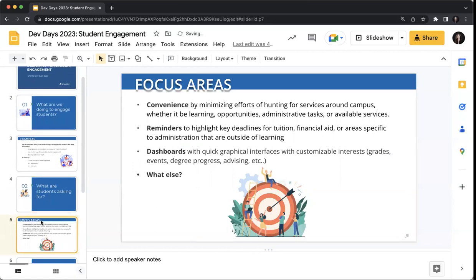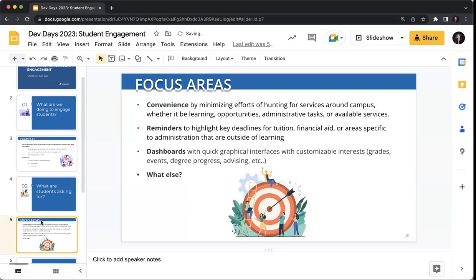Maybe students are asking for more convenience, or there are issues with hunting for services around campus, and maybe there are opportunities where we can present students with these administrative tasks or available services on campus, making them more convenient to access.